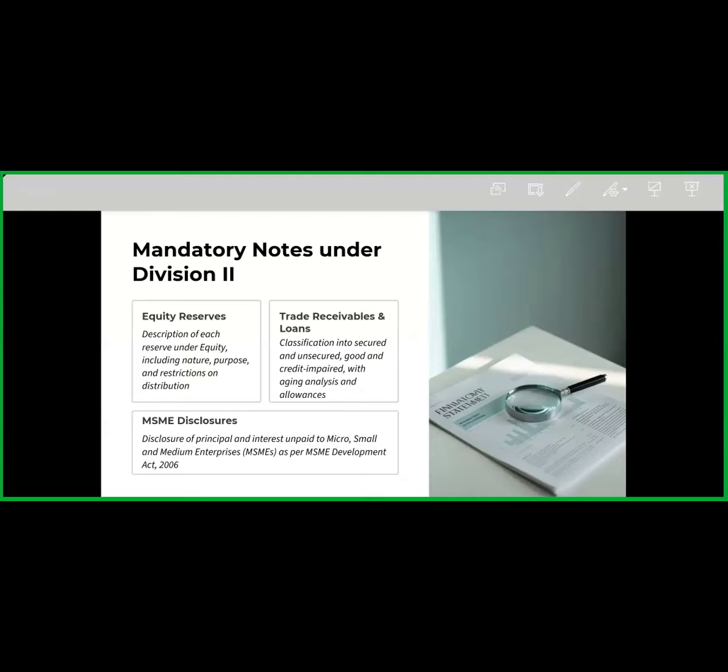Now next one is trade receivables and loans. The classification into secured and unsecured loans, good and credit impaired, must be there in the notes to understand the different classifications of trade receivables and loans. Also, for the MSME disclosure, the disclosure of principal and interest, that is, the unpaid loan to small and medium enterprises.